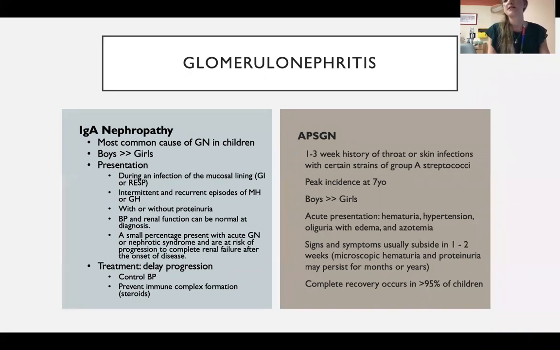It usually has acute presentation of hematuria, hypertension, oliguria with edema, and azotemia. For this glomerulonephritis, symptoms usually subside in 1 or 2 weeks, although the microscopic hematuria and proteinuria can persist for months or years. The prognosis is usually complete recovery in almost all of the patients.